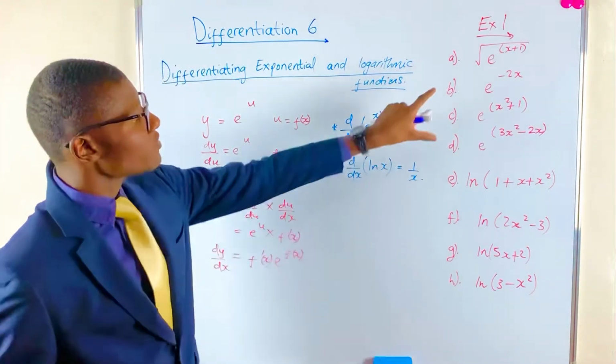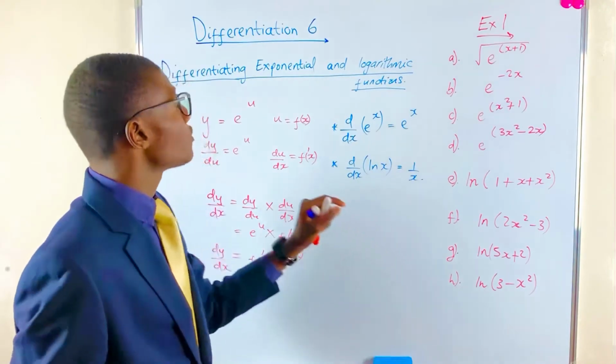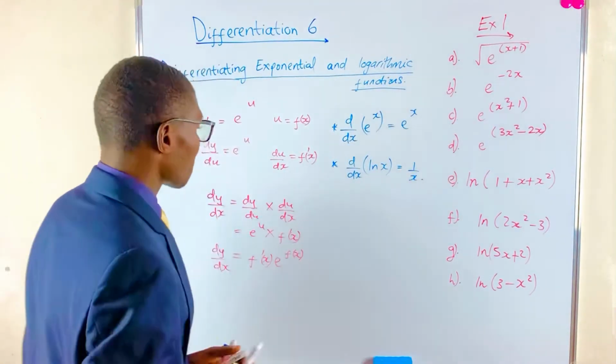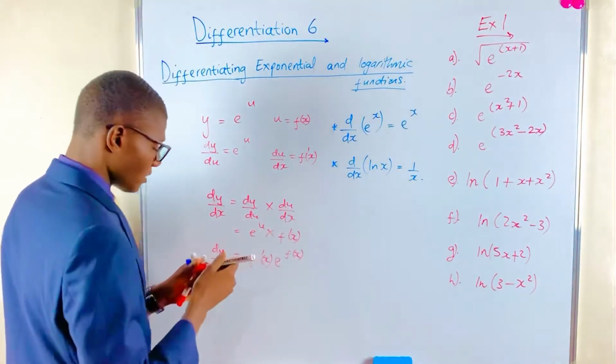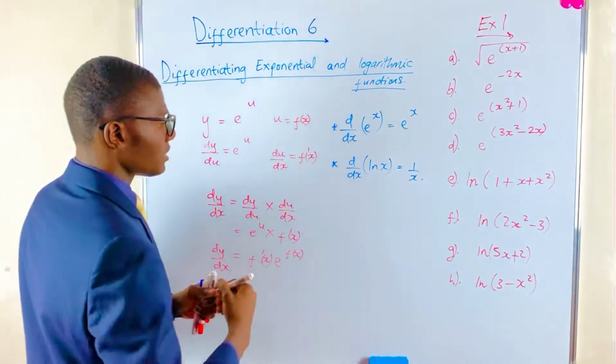Now I would like to attempt these first four questions that require us to differentiate the following exponential functions. As well, allow me to write this general result. Let me put it in green.